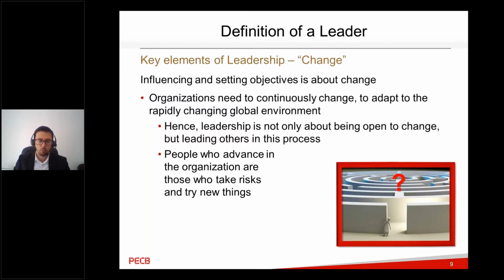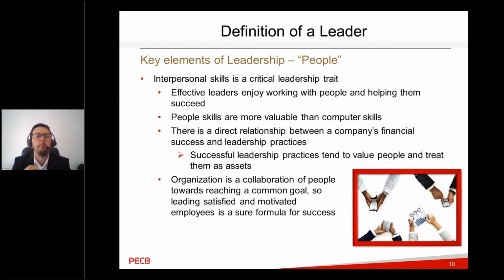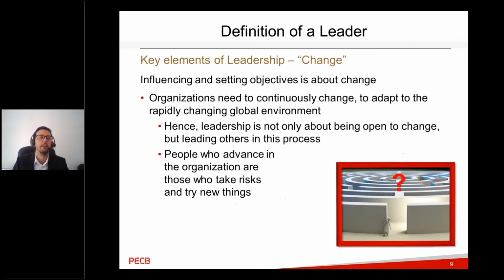Apart from change, we will also talk about people themselves, because we ought to understand that whenever we are talking about the organization, we are talking about an organized group of people. So if there are no people, there is no concept of change, which we discussed is probably the most important element of leadership itself.